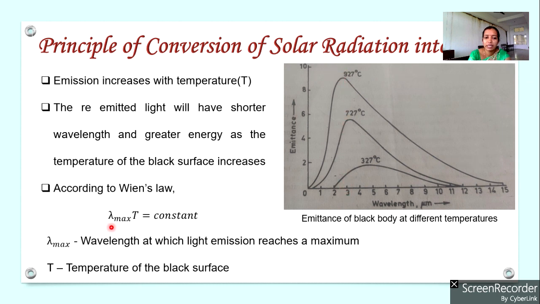So from this equation, we can write lambda max is proportional to 1 by T. So lambda max is inversely proportional to T. That is, as temperature increases, lambda max decreases. As shown here, with the increase in temperature, the wavelength at which maximum emission occurs decreases. So this is all about the principle of conversion of solar radiation into heat.